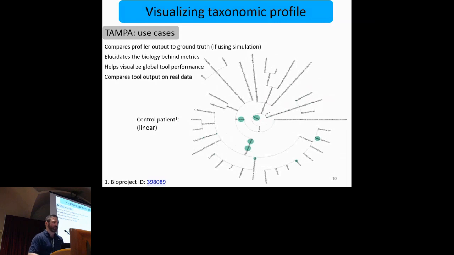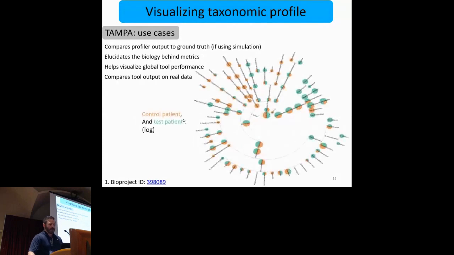But if we take a control patient, we can see here a lot of Firmicutes instead. And then if we want to compare the two against each other, and do it with a log plot to be able to see the differences, you can start to really visually see the story that the authors in this particular study were trying to show in the differences in which bacterial organisms are most prevalent in gut microbiomes of patients with and without Crohn's.